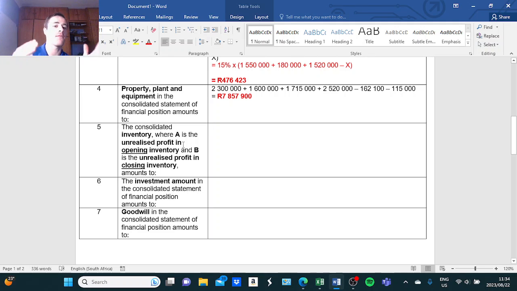Keep in mind we have already calculated the correct amount of unrealized profit in opening inventory, and we have drafted the journal entry. And B is the unrealized profit in closing inventory. So how will you calculate the inventory balance that should be disclosed in the consolidated statement of financial position?